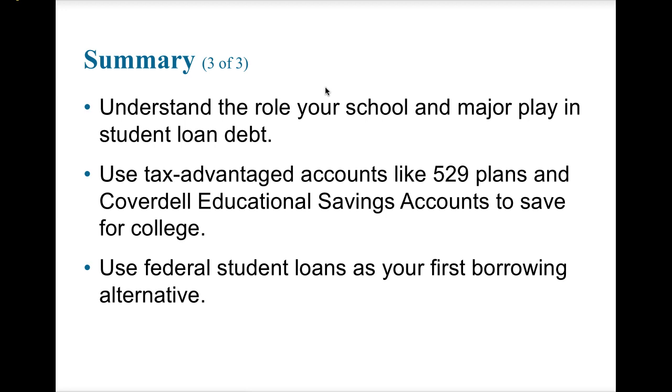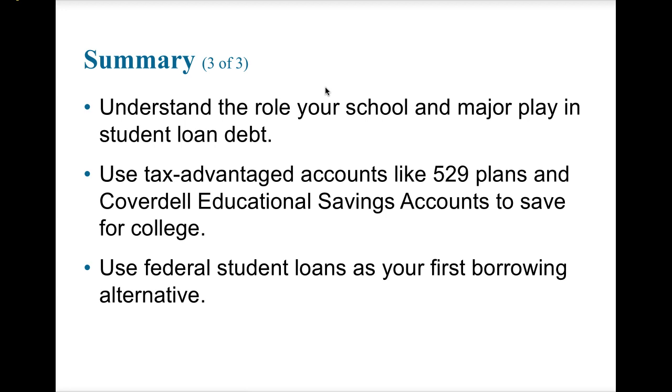Understand the different methods of utilizing tax advantage accounts to help pay for college, or look for scholarships and grants, or borrow money from relatives at zero or lower rates of interest to help reduce the overall amount of borrowing for college.